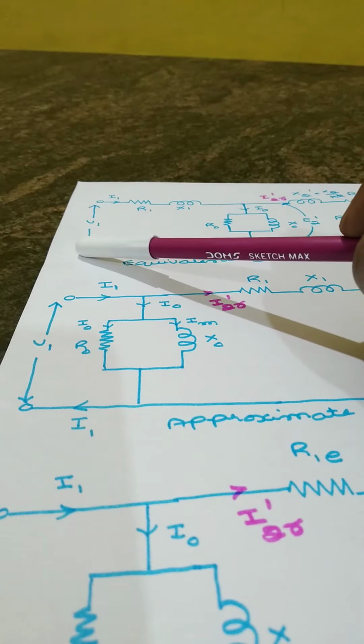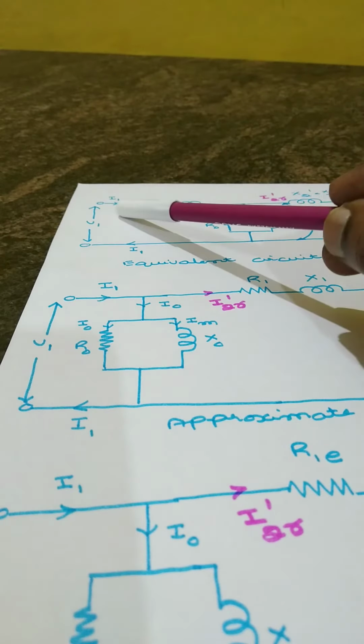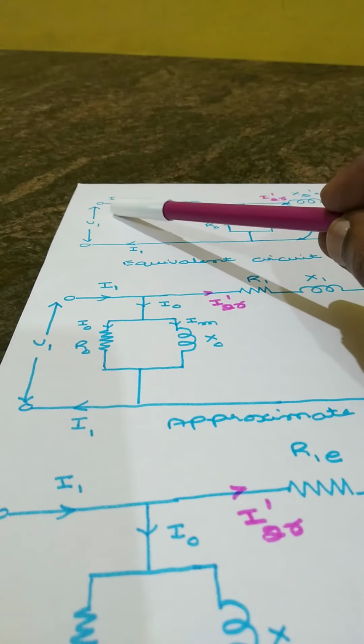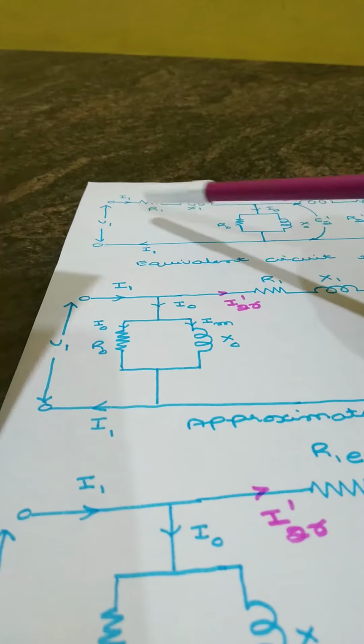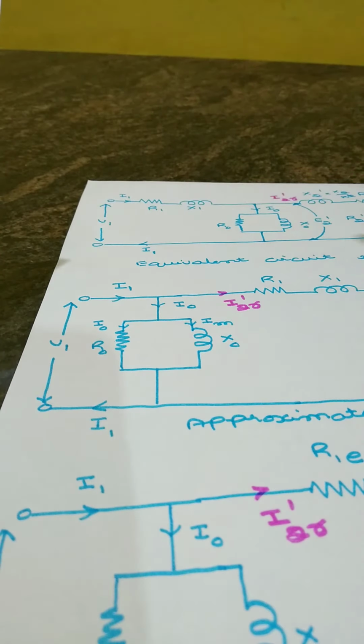You get input power. And stator copper losses, how to obtain? Stator copper losses depend on I1 whole square into R1 into 3 phase. That's why I'm considering 3 into I1 whole square into R1, and that is the stator copper loss.